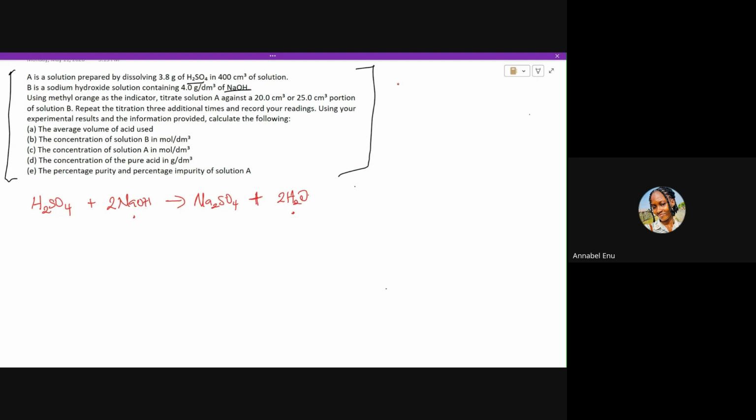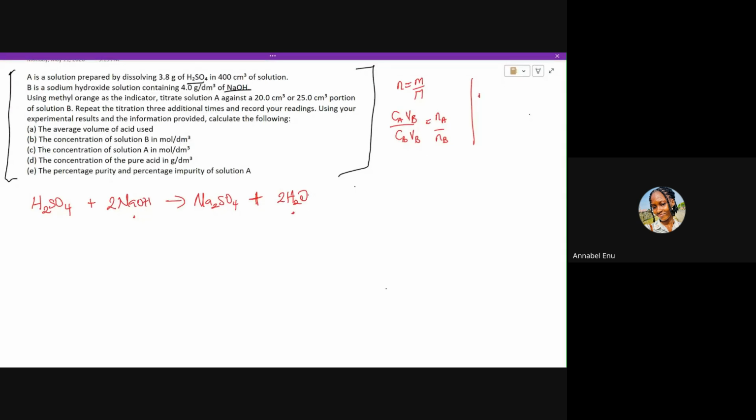One of the formulas is number of moles equals mass divided by molar mass. Another formula is finding concentration and volume, concentration of base and volume of base to give us number of mole of acid, number of mole of base.